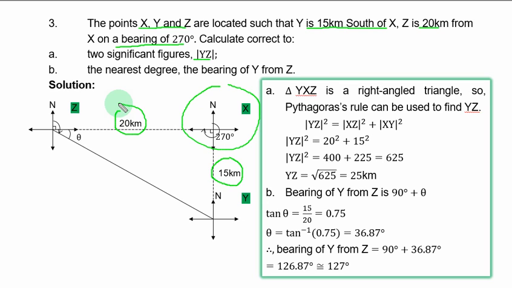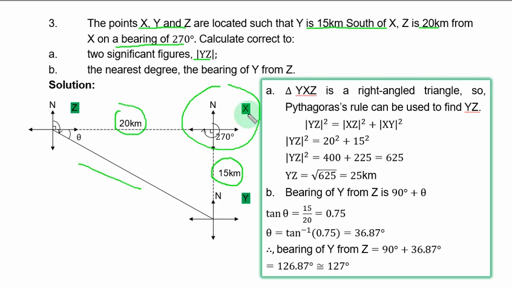The third quadrant in S, the angle there is 90 degrees. So you are asked to find YZ, that is this side. This side is facing 90 degrees, so it becomes the hypotenuse. Then we have opposite and adjacent.